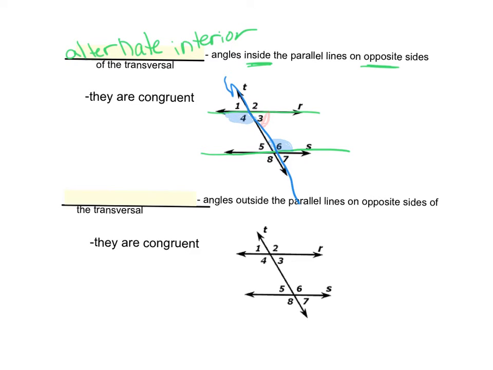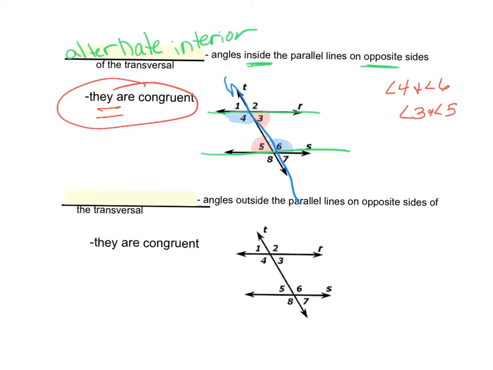Angle 3 is interior, and its alternate interior is angle 5. So angle 4 and angle 6 and angle 3 and angle 5 are alternate interior angles. And they are congruent, which means they are equal. Angle 3 is equal to angle 5. Angle 4 is equal to angle 6.